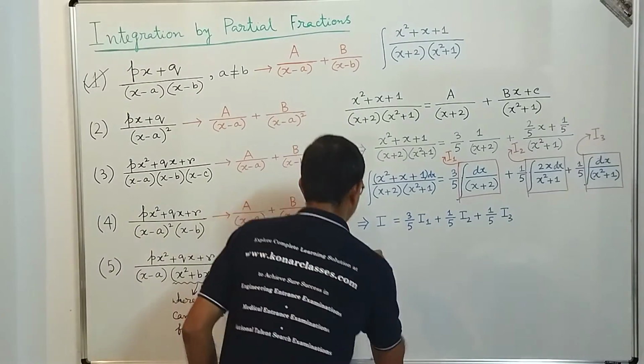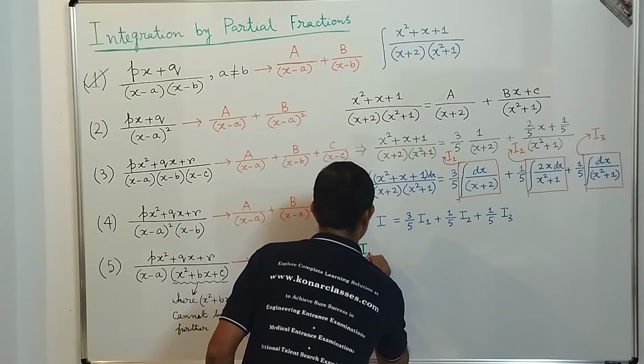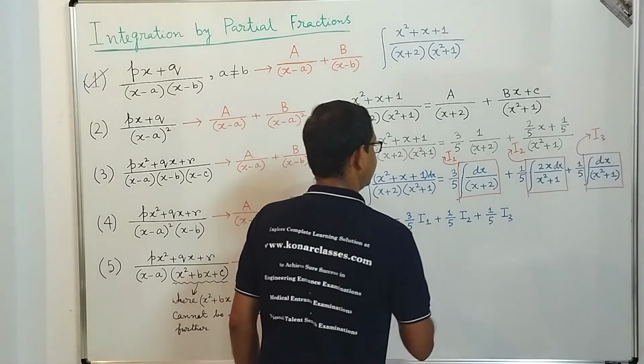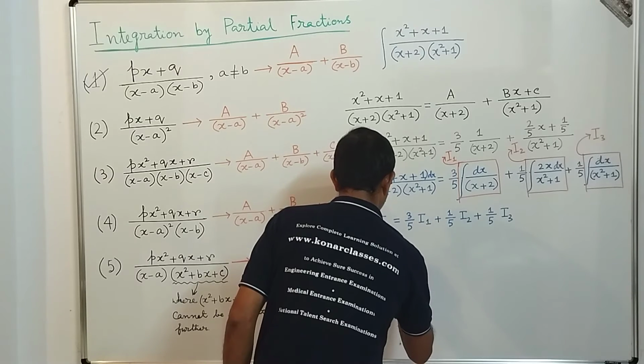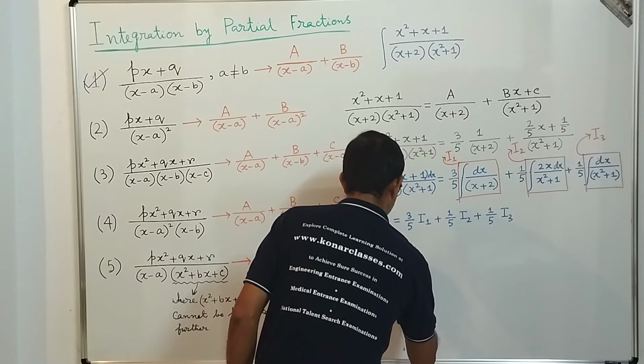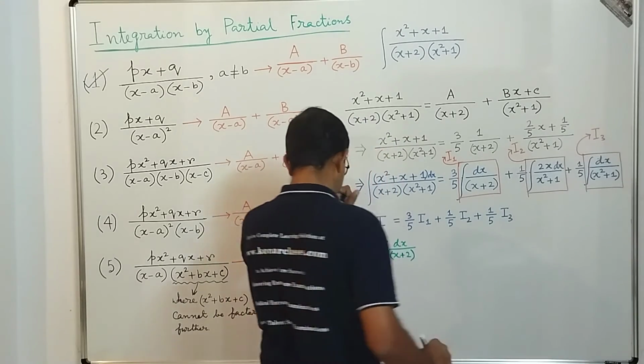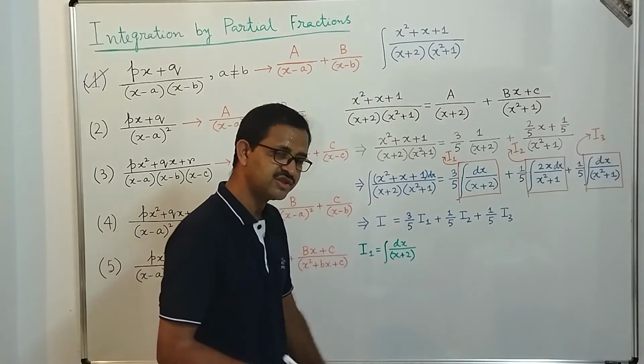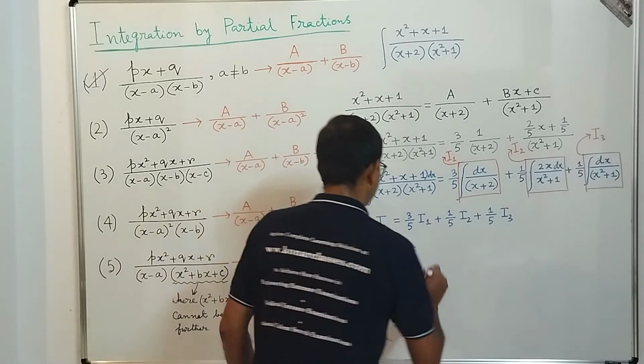So how to find the value of I1? I1 is equal to the integration of dx by x plus 2. We have done this kind of integration many times, so I am not doing it here again. That should be equal to log of mod x plus 2 plus integrating constant c1.